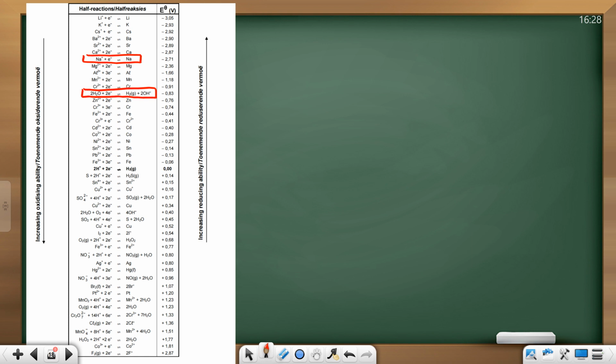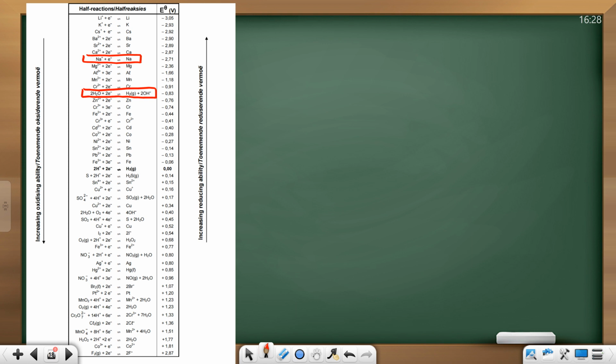If I compare these two, which one should be oxidized and which one should be reduced? Just comparing sodium and water.